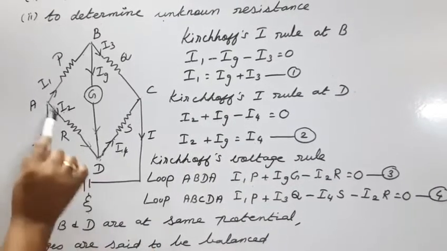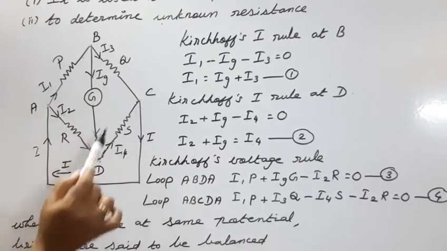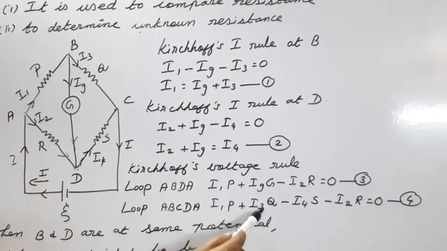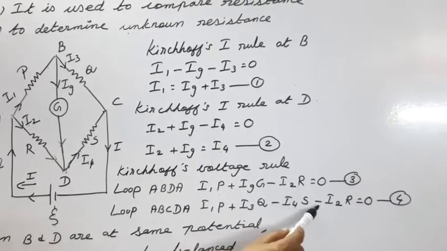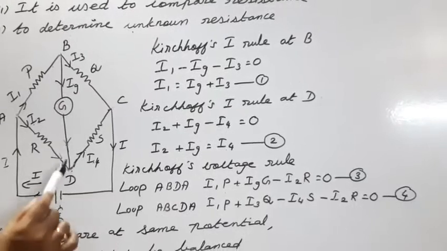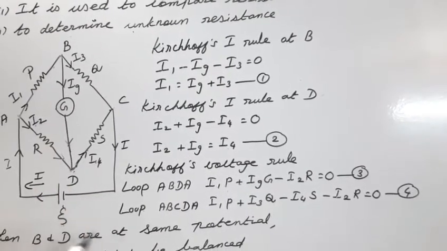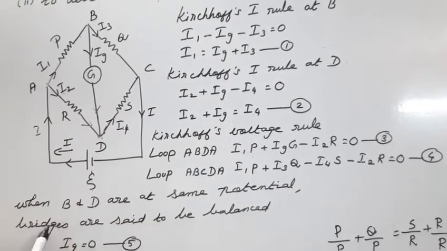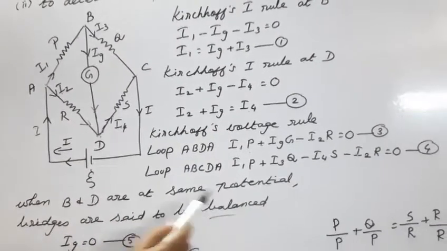Next we consider the whole loop A, B, C, D, A. Here I1P plus I3Q minus I4S minus I2R equals 0. Here the minus sign means the direction is changed, that's why we put the minus sign. When B and D are at the same potential, the bridge is said to be balanced.